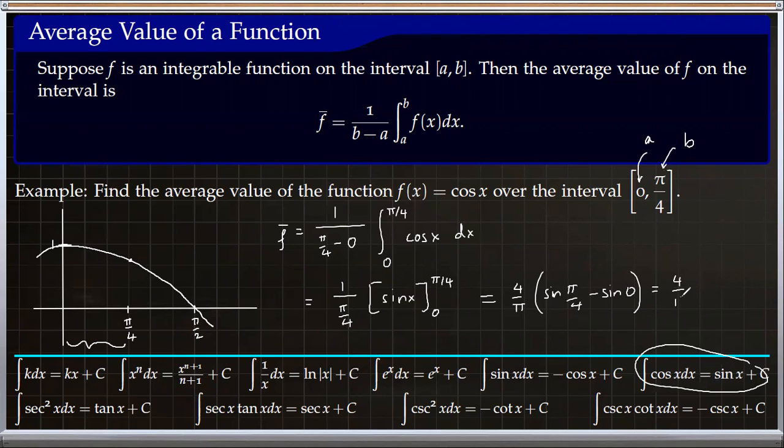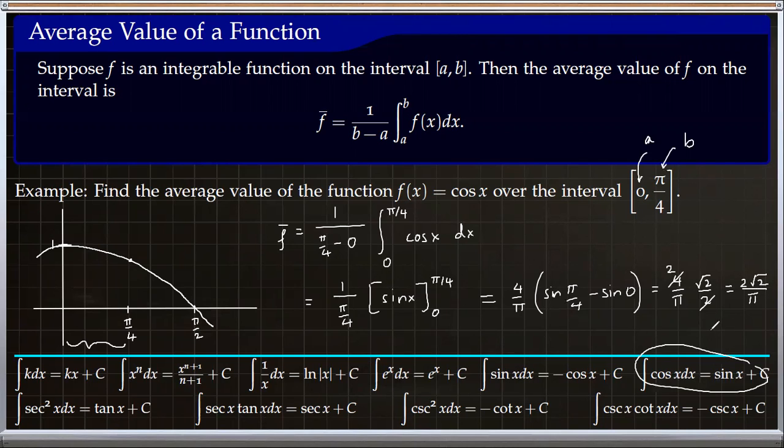So we have 4 by pi times sine of pi by 4, which we know is square root 2 over 2, using a unit circle or our calculator. And this will simplify, because we can cancel out this 4 by 2 to get 2. So this will give us 2 square root 2 over pi. This is the average value of the function over this interval 0 to pi by 4.